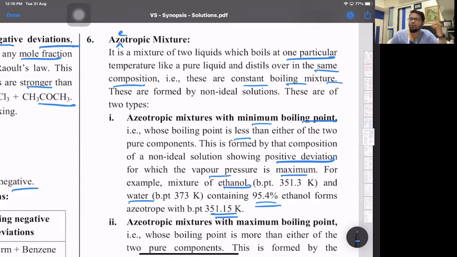So 95.4% ethanol with the balance water, that is 4.6% water, will have a constant boiling point of 351.15 Kelvin. But actual ethanol boils at 351.3 and water at 373. The boiling point of this 95.4% ethanol and 4.6% water mixture will be lower due to positive deviation.